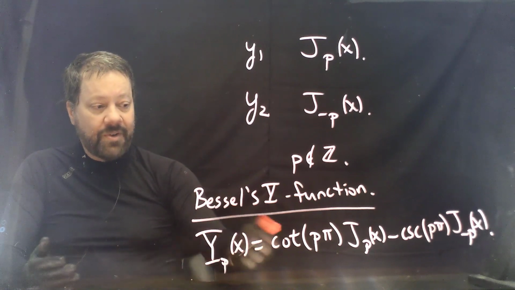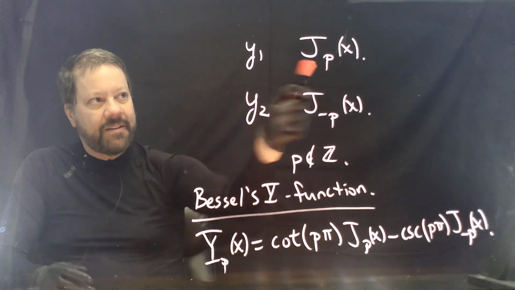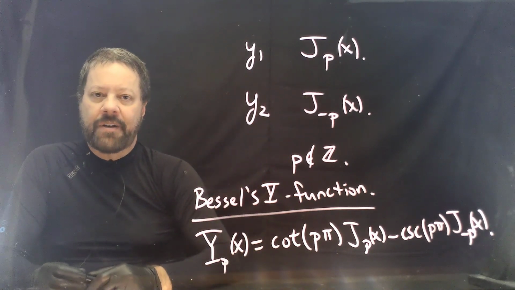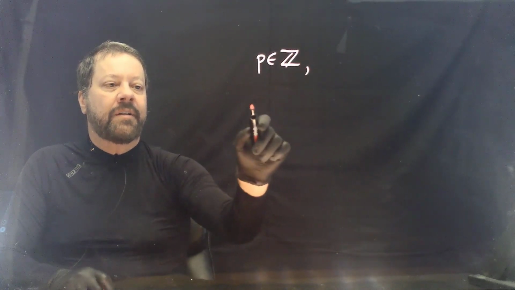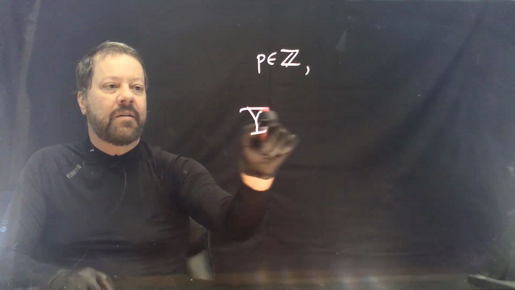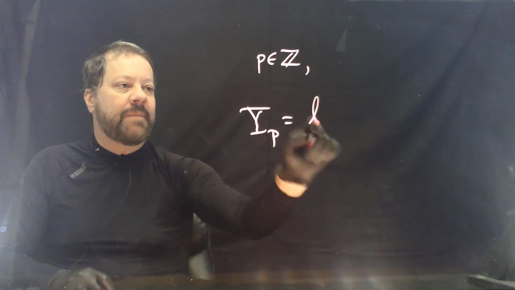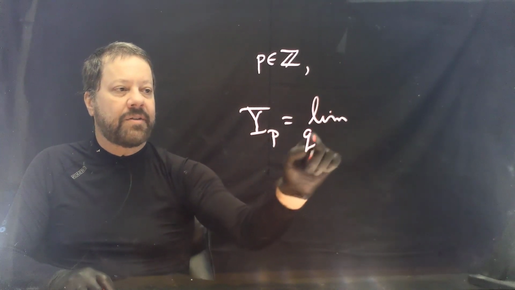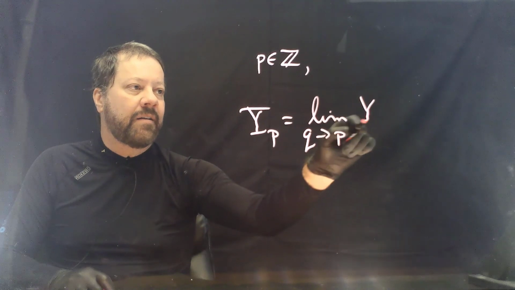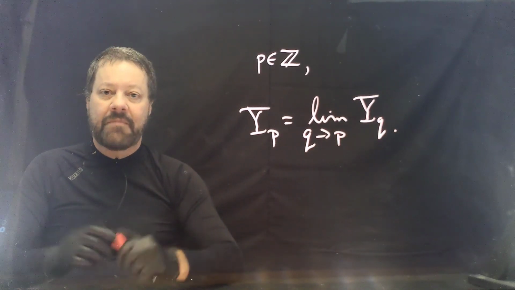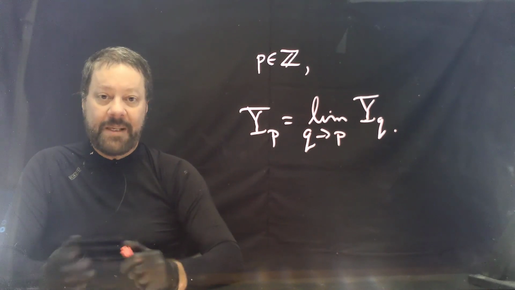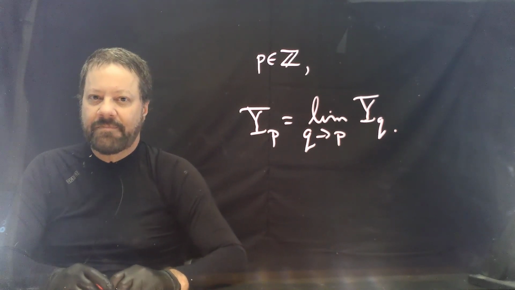And this is also linearly independent from the Bessel's j function, jp. The advantage of the Bessel's y is that if p is an element of the set of integers, we can set yp to be the limit as q goes to p of these yq's, obtaining a solution even for p an element of the set of integers.